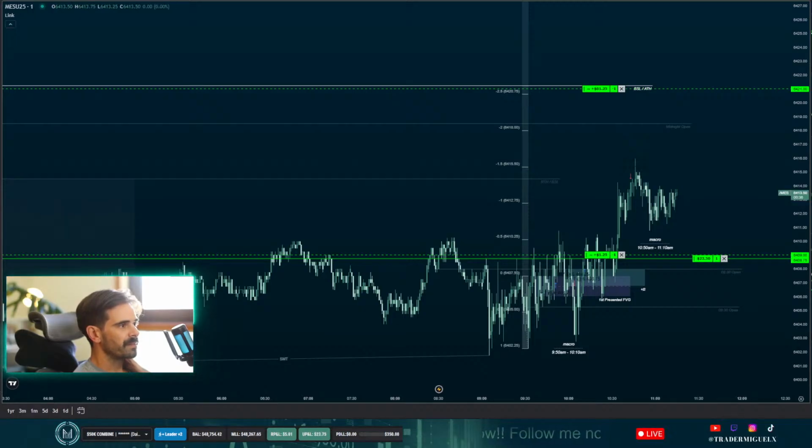Tesla, meanwhile, just dropped about 8% yesterday. It's accumulating right now. On the daily, it's inside of a range.